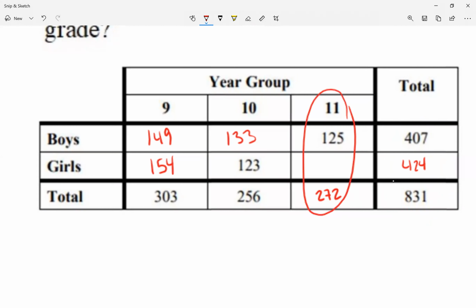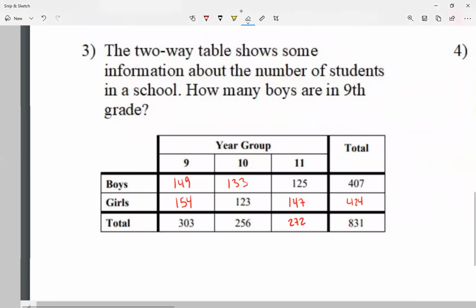For the missing space here, when it comes to 11th graders, there's 272 total minus 125. I'm going to find out there's 147 girls that go to 11th grade. Okay, do I have everything filled out? I do.